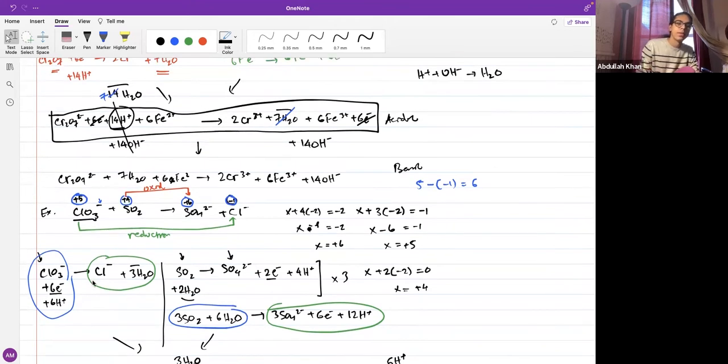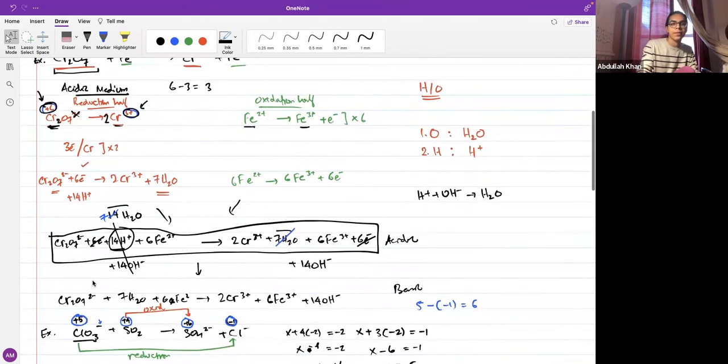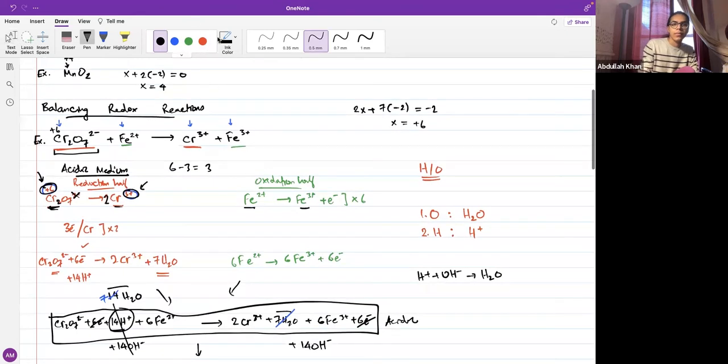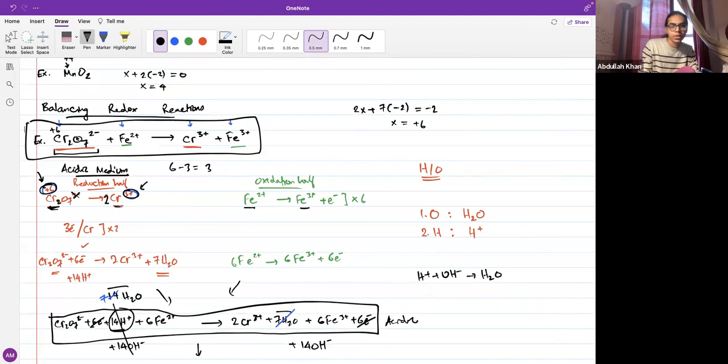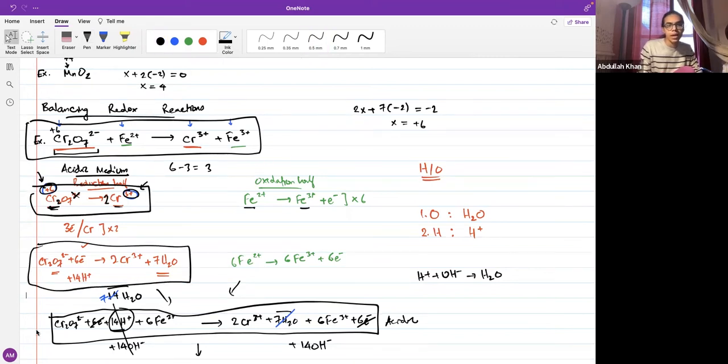So instead of being given this whole question, which consists of oxidation and reduction, you could just be asked to balance this half. So basically you would do everything until you get to this point and then stop. There is no recombining, there's nothing like that. Right, so that's the easier question, balancing the oxidation half or reduction half.